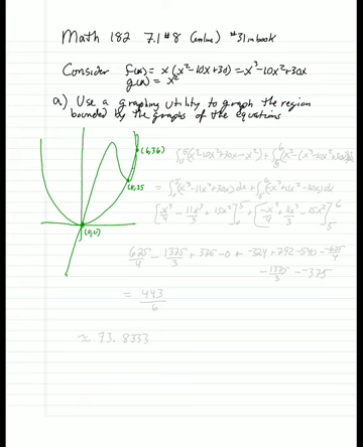So what you really have then, now think about the cubic is on top for this part, for the big open area. So that's going to be the integral from 0 to 5 of x cubed minus 10x squared plus 30x minus the x squared, the curve down below.